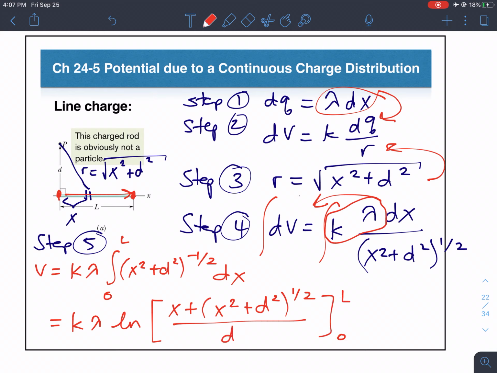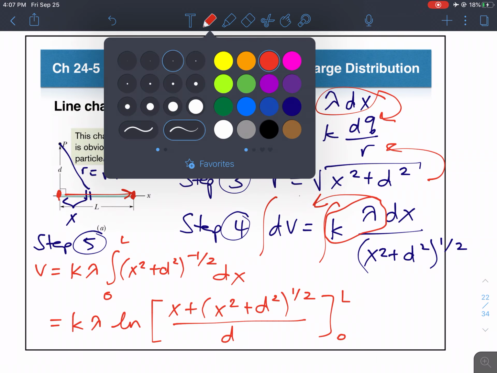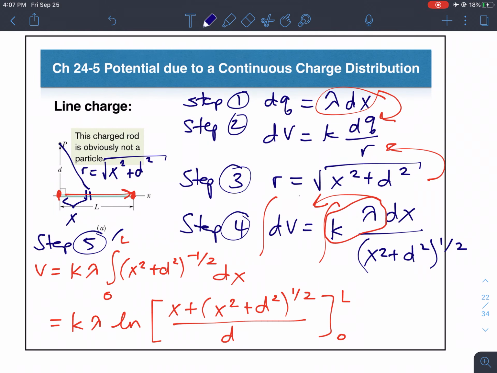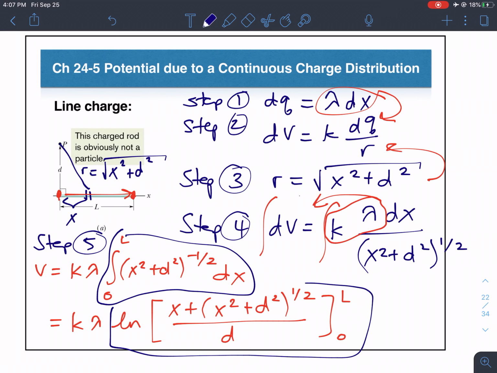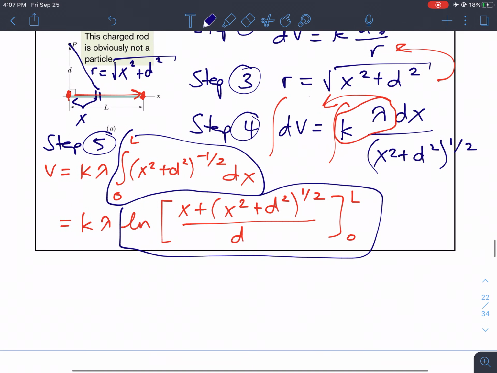That is the answer of that integral, and you can see that k lambda is in the front. What you need to do next is substitute the limits, and we are going to get the answer after that.